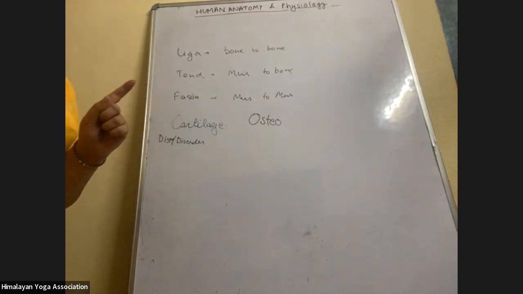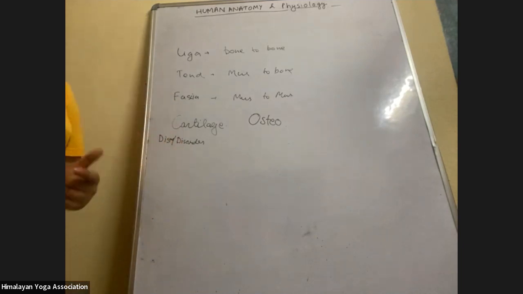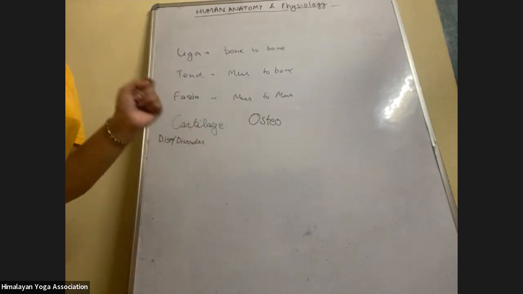If your capacity is this much, then you just do a little bit more. What if you overstretch during any asana or any other physical activity? Then there is a chance of getting a sprain. That's why you should always do only a little bit more than your own capacity.